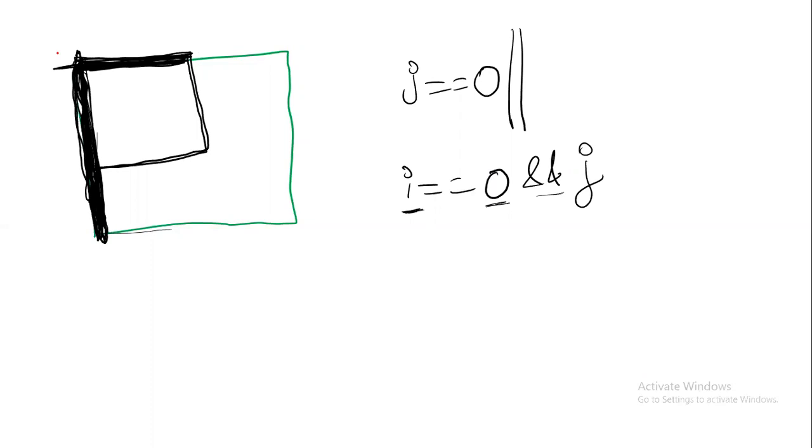So like this, j values are 0, 1, 2, 3, and 4. For what values of j are you printing this line? You are printing the line for the j values 0, 1, and 2, and 0, 1, and 2 are less than or equal to 2. That's why I can say j is less than or equal to n by 2.